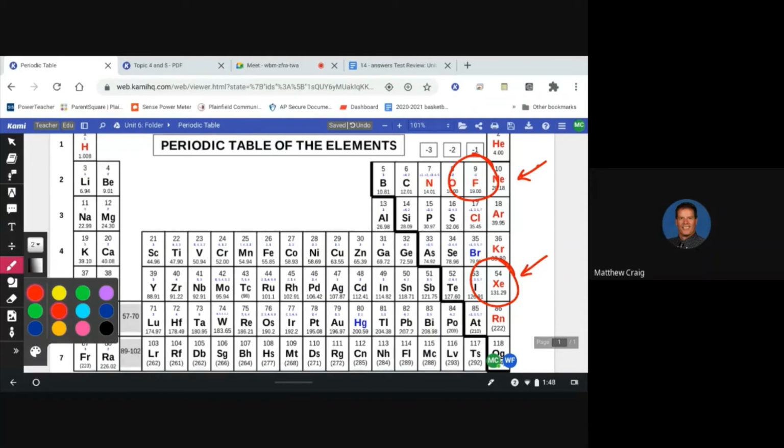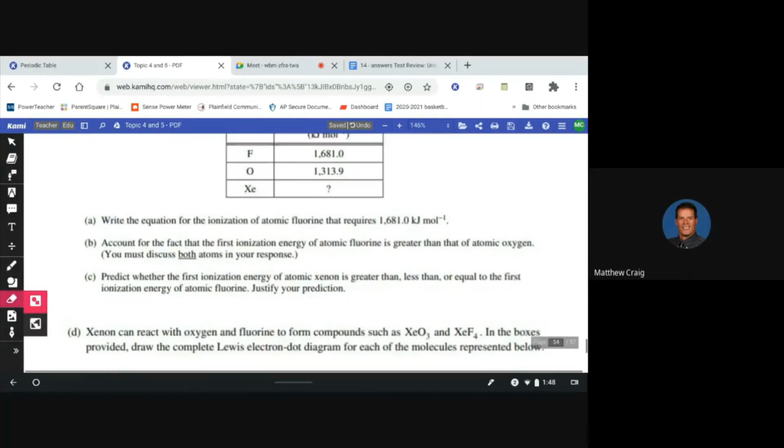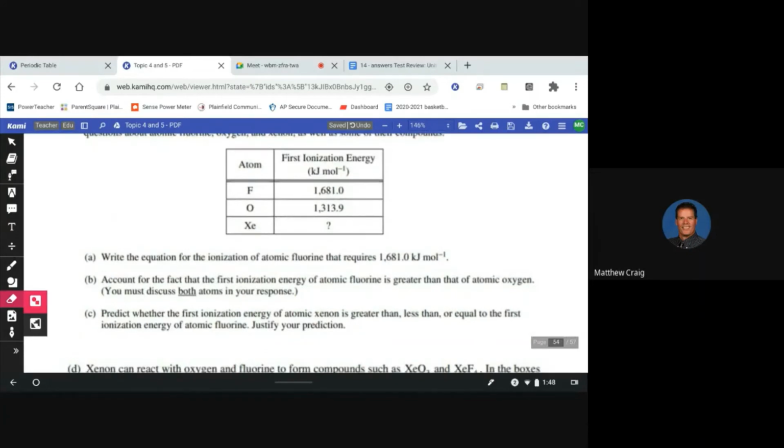So very good on choosing that xenon will have much lower ionization energy. And again, you can talk about the radius and the force of attraction for that first electron. I don't know what the ionization energy for xenon's first electron is, but I guarantee you it is a lot lower than fluorine's.